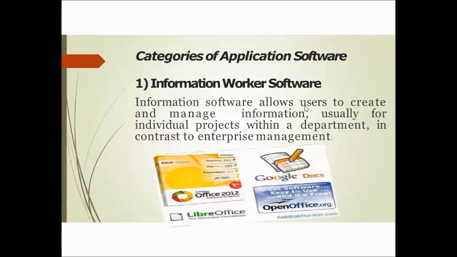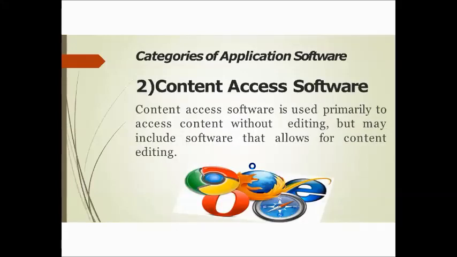For the second category, we have the content access software. Content access software is used primarily to access content, but may include software that allows for content editing. Such software addresses the needs of individuals and groups to consume digital entertainment and publish digital content.